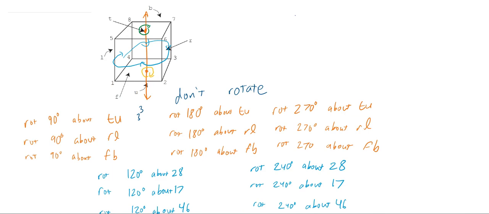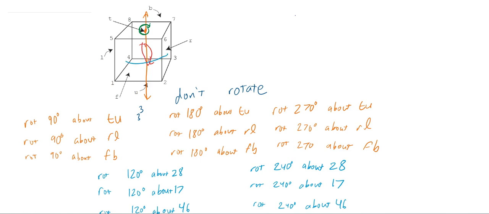As opposed to if I did a 180 degree rotation, T would still be staying where it is. Meanwhile, face F would go to where face B is, and B would go to where face F is.